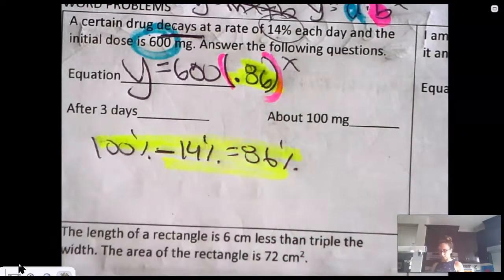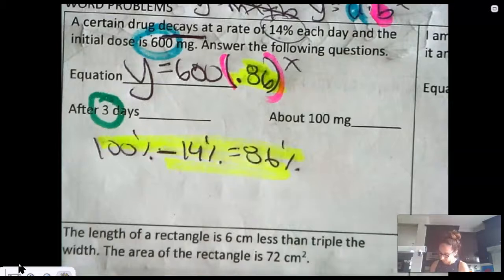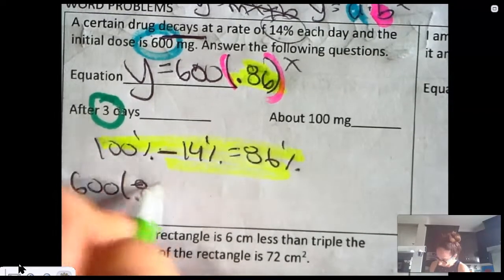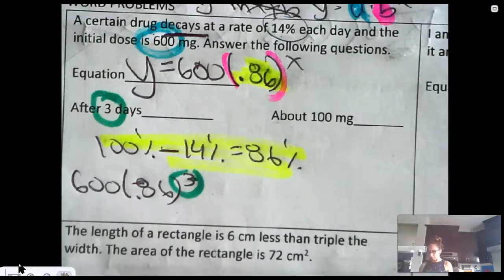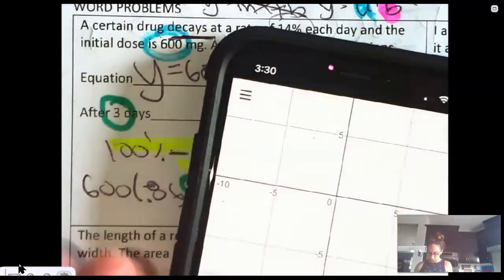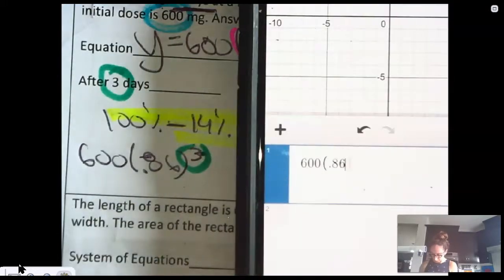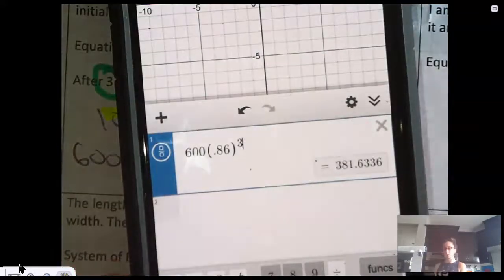So if they want to know after 3 days, they want you to go 600 times 0.86 to the 3rd power. And I would pick up my little calculator here, and I would go 600 parentheses 0.86 to the 3rd power, and I get 381, sorry you can't see it, 381.63.